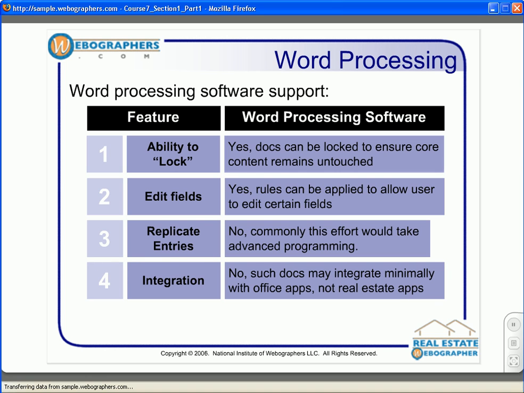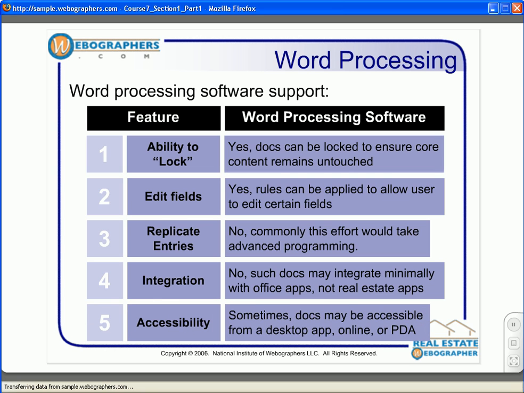Without extensive custom programming, word processing applications are not natively set to integrate with other real estate applications. Accessibility. Sometimes, word processing documents can be accessed and edited from a desktop, online, or also a PDA.